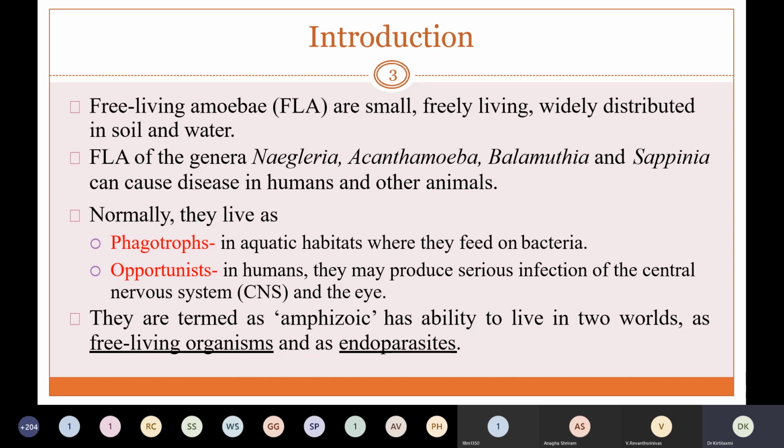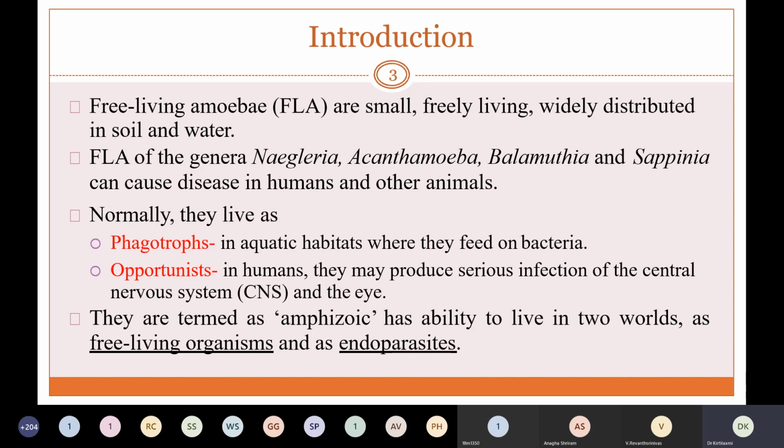Here we are talking of the free living amoebae which cause central nervous system infection. There are no other free living amoebae which cause other organ involvement, but mainly central nervous system involvement, along with a few times keratitis, that is the eye. They are termed amphizoic because they have the ability to live in two worlds.